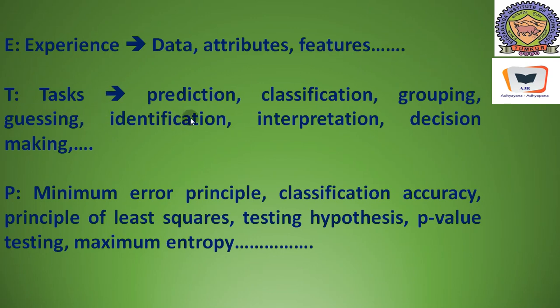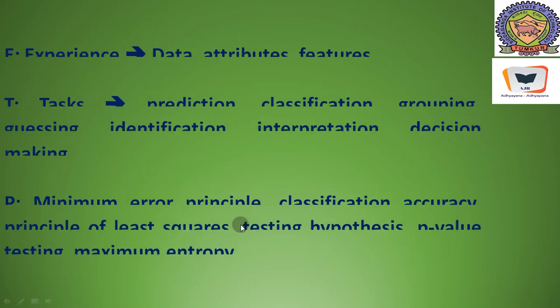Tasks could be prediction, classification, grouping, guessing, identification, interpretation, decision making, etc. And P is the performance measure: the minimum error principle, classification accuracy, principle of least squares, testing of hypothesis, p-value testing, maximum entropy, etc. These are all the performance measures.